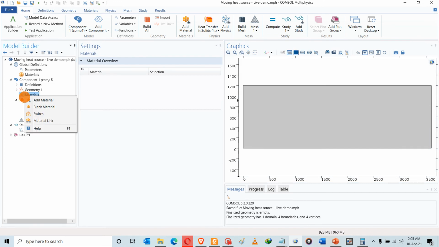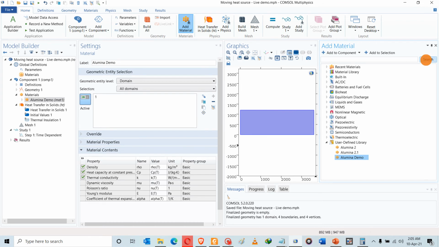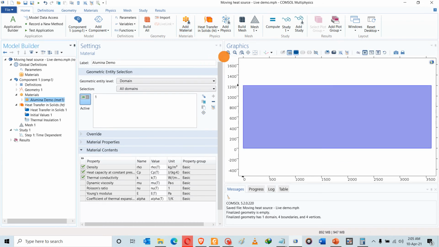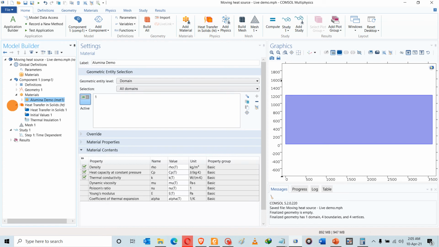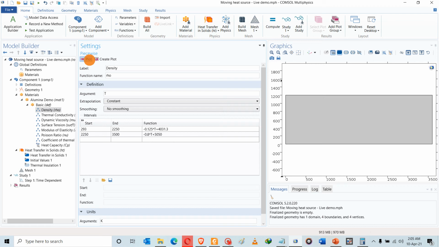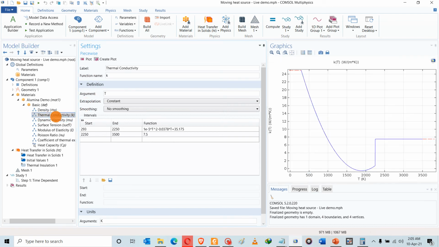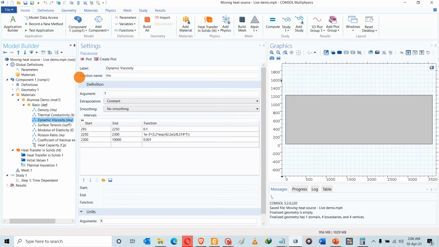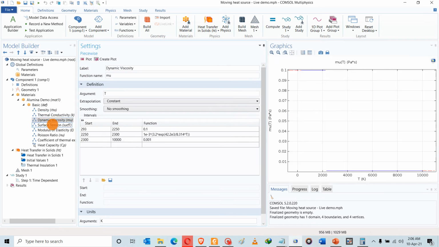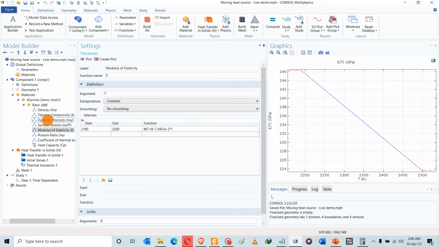Now we're going to add a material. Our material that we created in the previous demonstration is in the user-defined library, and it is Alumina demo. Double clicking on it. With this material, we were able to create a temperature-dependent density, temperature-dependent thermal conductivity, a temperature-dependent viscosity, surface tension, modulus of elasticity.